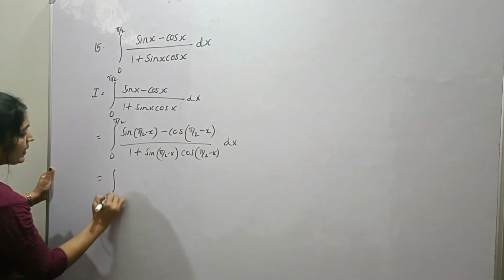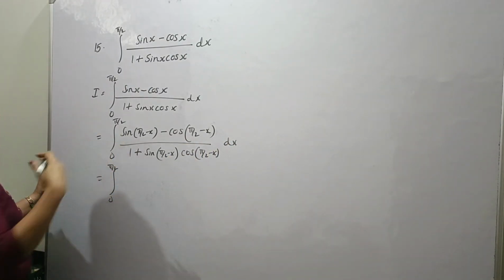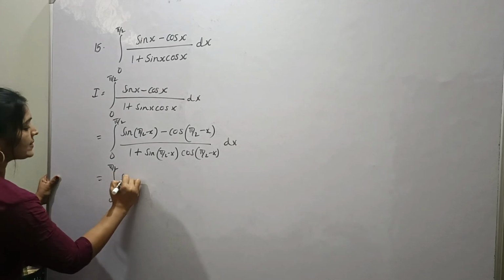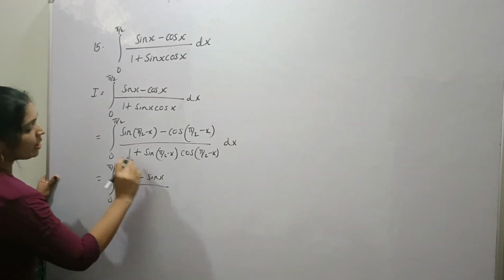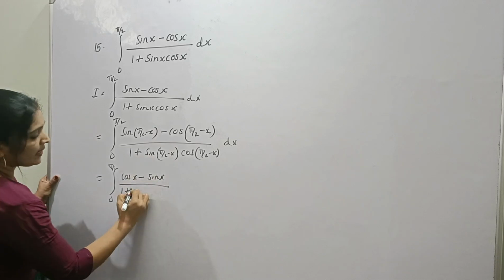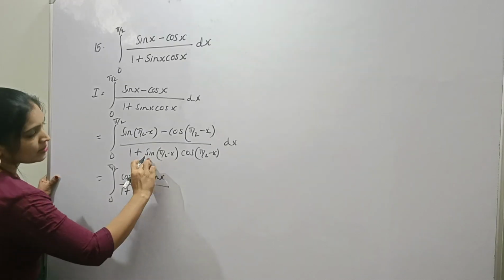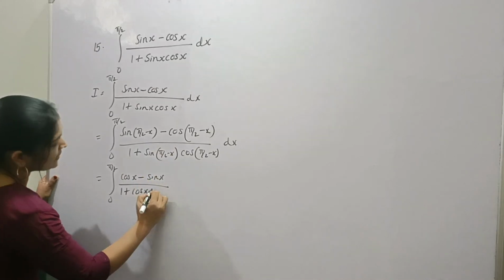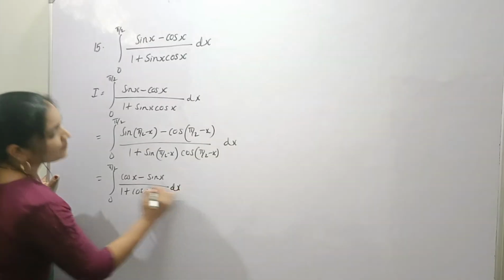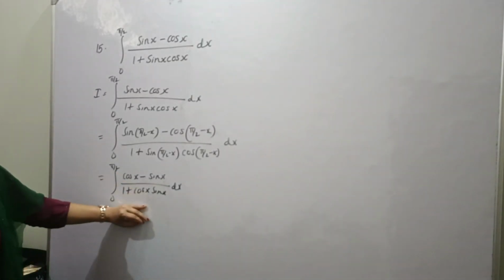That is equal to integral 0 to pi by 2, sin(pi by 2 minus x) is cos x. Cos x minus sin x divided by 1 plus cos x sin x dx. Okay. It's also I, right?